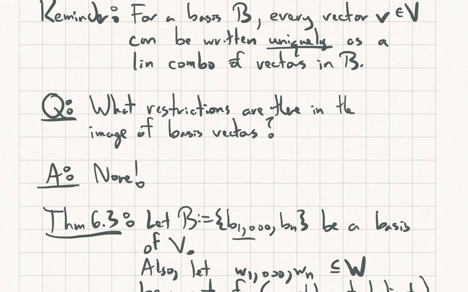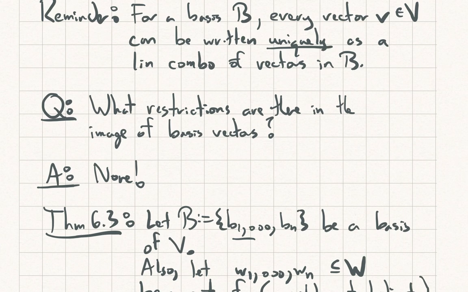So, remember that a basis is special in that it's a spanning set and it's linearly independent, which means that every vector can be written, because of the spanning set, as a linear combination of the vectors in your basis, but because the basis is linearly independent, it can be written uniquely as a linear combination of vectors in your basis.